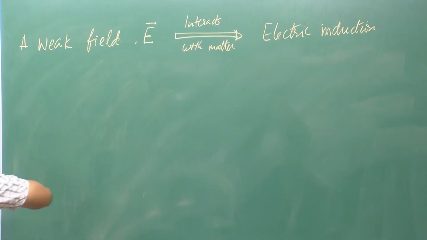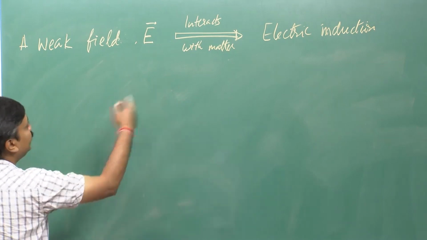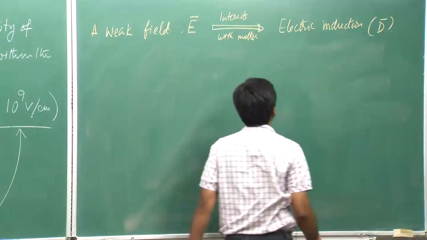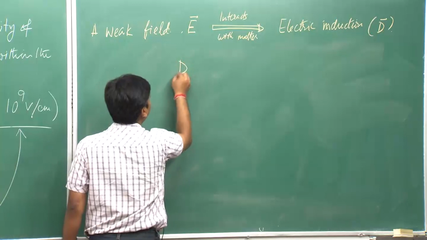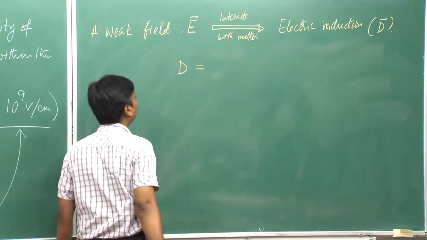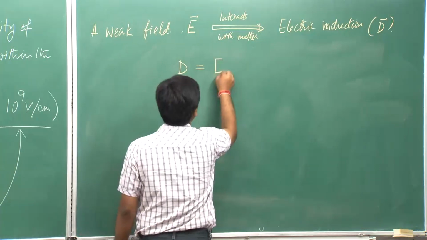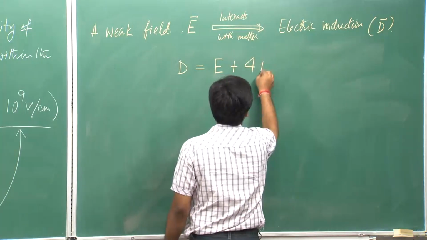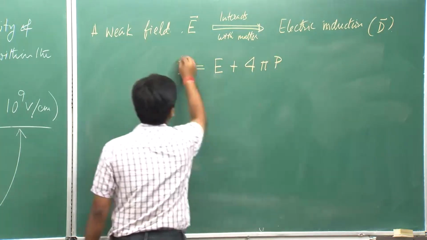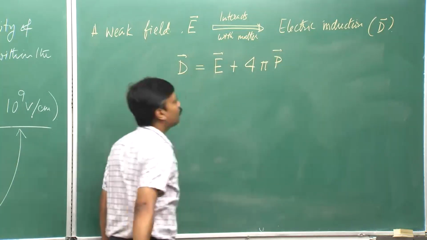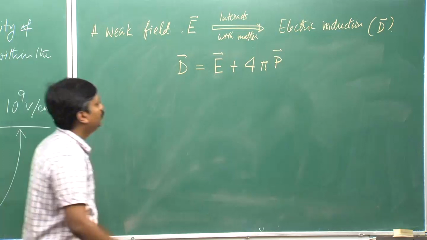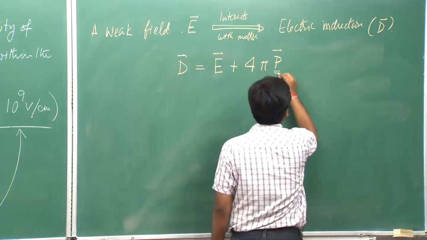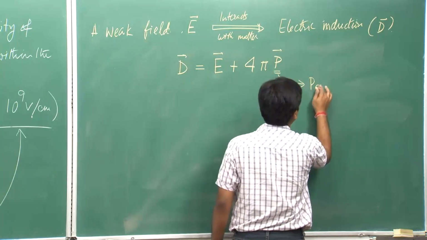So, this electric induction, if I call it D, then this D is equal to the given input E plus the quantity 4 pi into P. Now, there is a new term, this P, which is known as polarization.